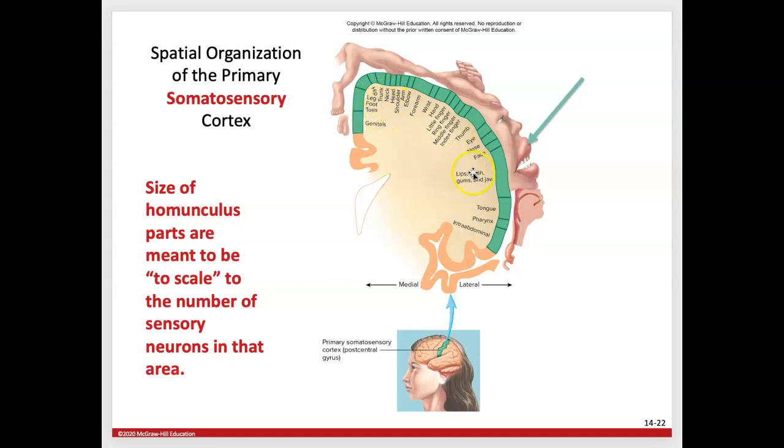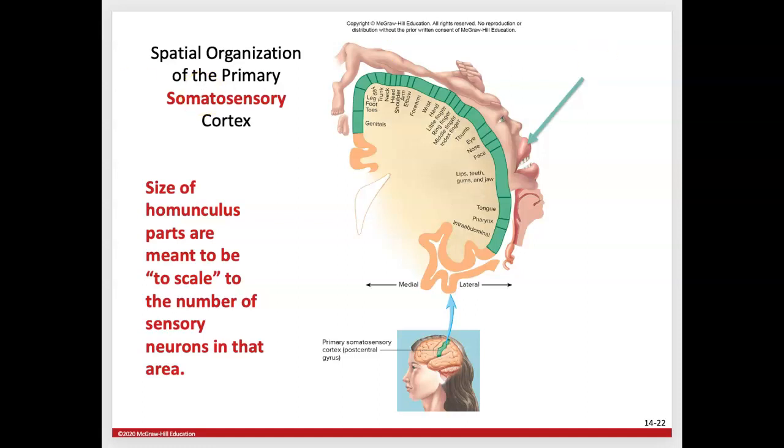Things like the tongue and the pharynx come in towards the back part of this area of the brain. The size of the homunculus parts is meant to be to scale to the number of sensory neurons in that area. So this picture gives an indication of the sensory distribution along the cerebral cortex of the brain.